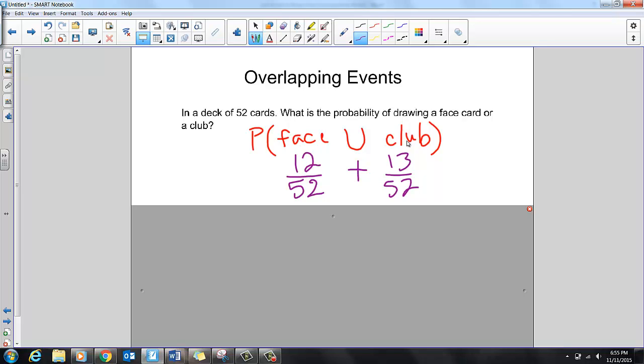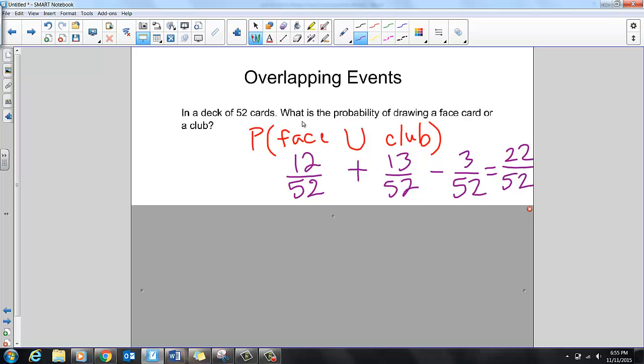And we should say, yeah, there's the jack, the queen, and the king of clubs. So let's subtract those 3 cards. And my answer will simply be 12 plus 13 minus 3, which should be 22 over 52. Okay? That's how we would do a word problem.